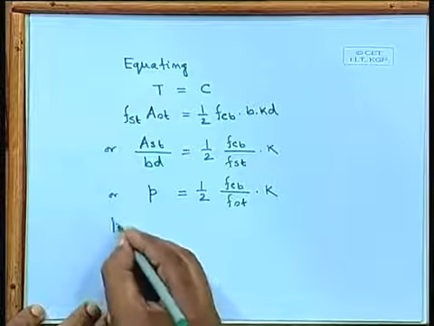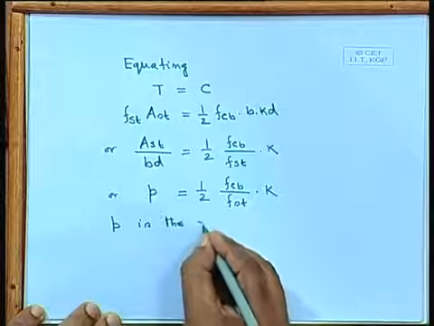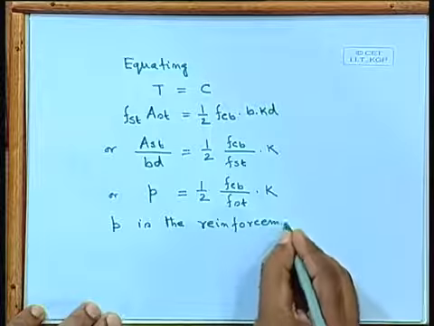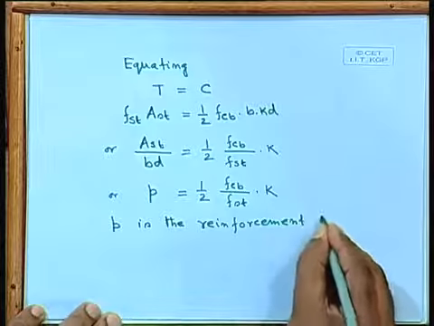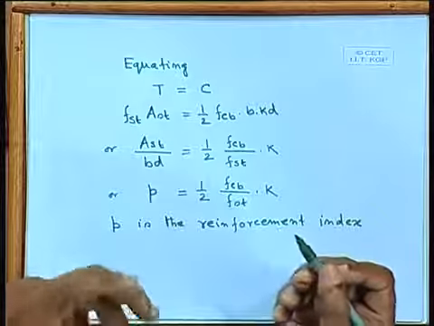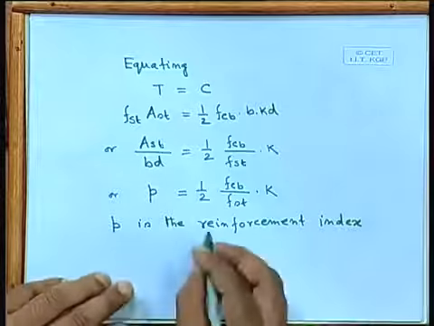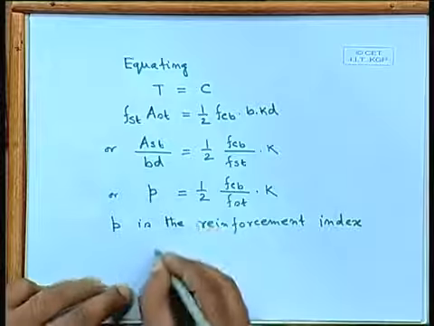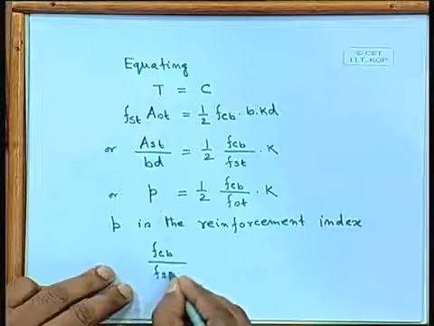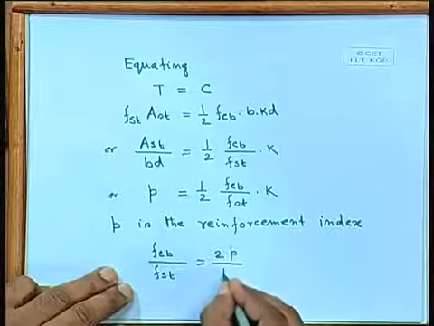This p is called the reinforcement index. We can get it from the percentage of steel also; from there you can find out the percentage of steel. Also from this equation, F_cb by F_st will be equal to 2p by k.